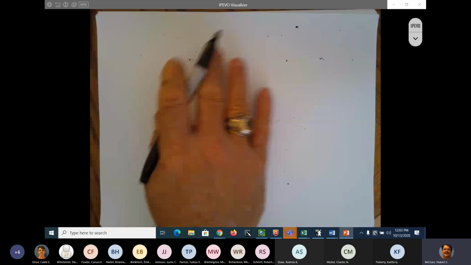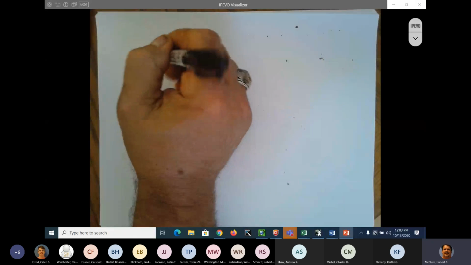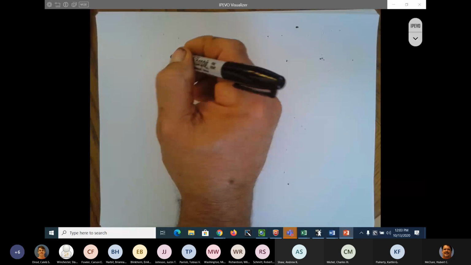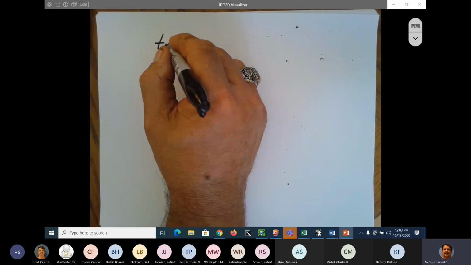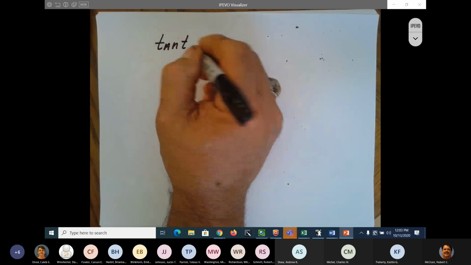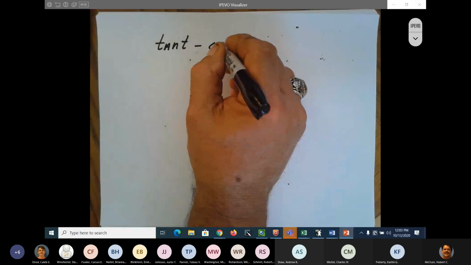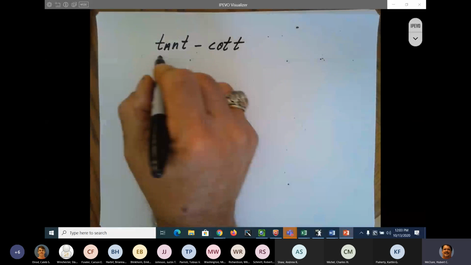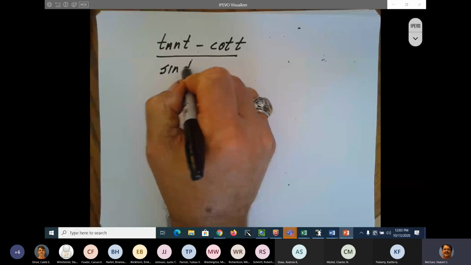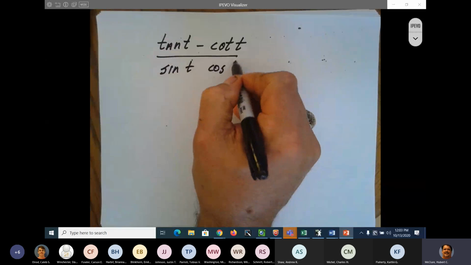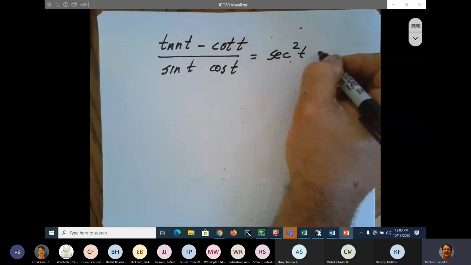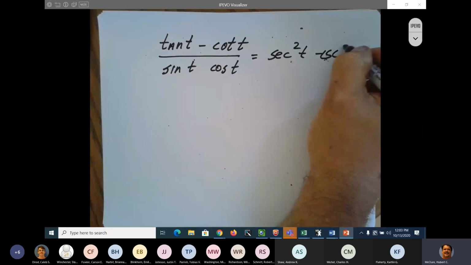I'm just writing them down so I don't forget to show y'all this side. So we got tan of t minus cotan of t over secant squared of t minus cosecant squared of t.